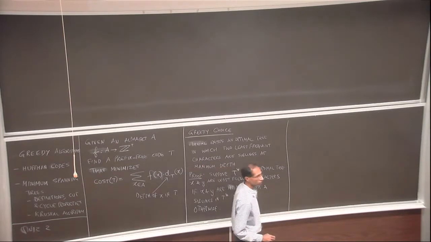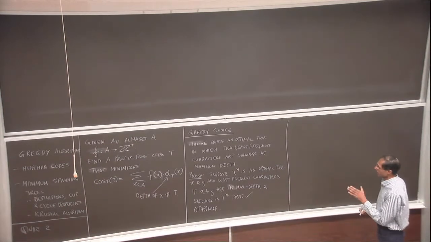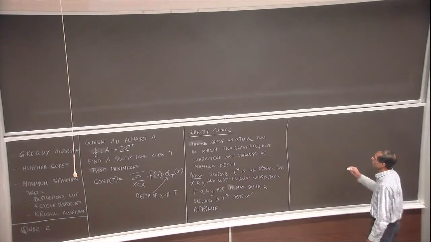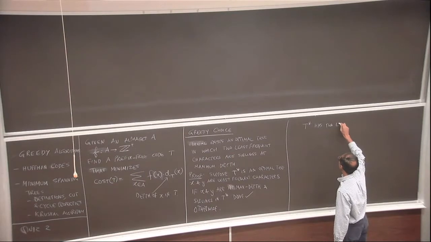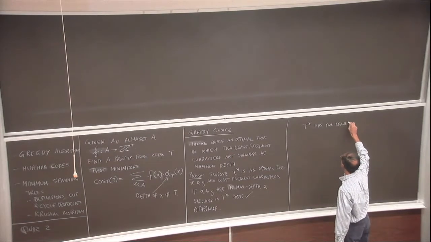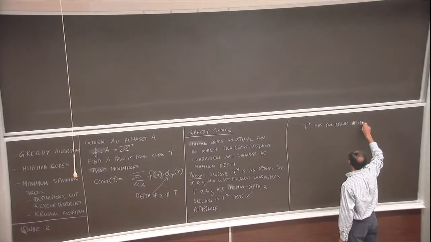Okay, what does T star look like? The key thing we observe, the key property that we're going to use about T star, is that T star has two leaves at maximum depth, which are siblings.